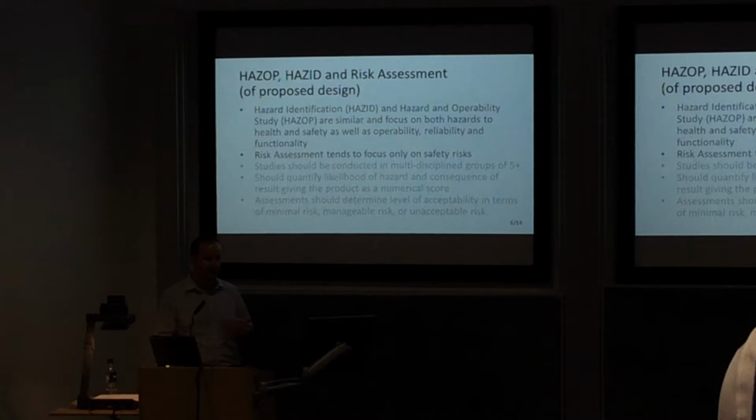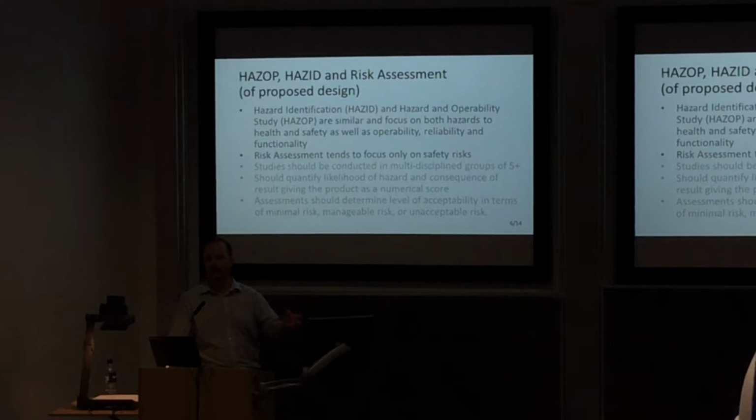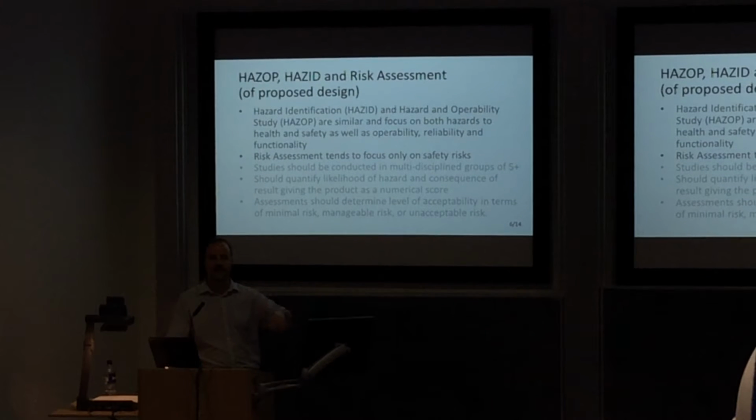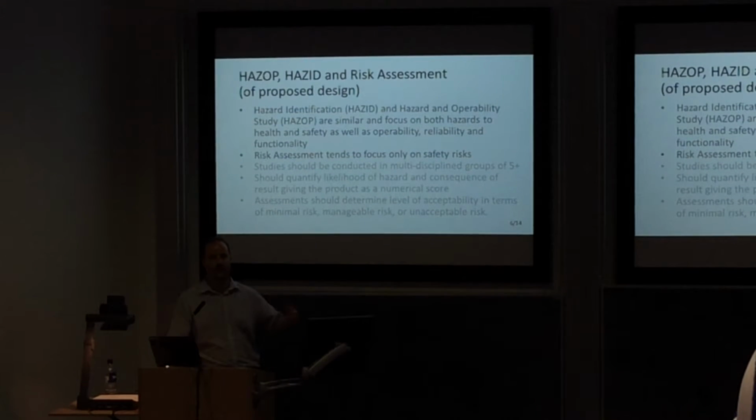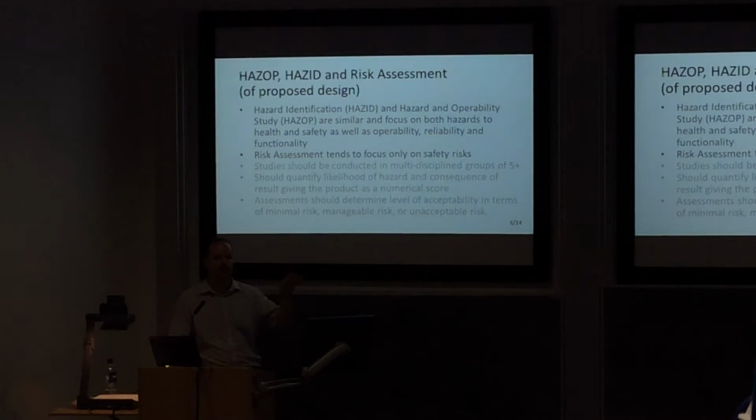And when we do our HAZOPs and HAZIDs, they are linked in with the risk assessments because we will look at the likelihood of something failing, and when we do the risk assessment, we look at whether the functioning of something is going to harm anyone, and also the way in which it might potentially fail could harm somebody. I'll talk a little bit about that in a later slide.